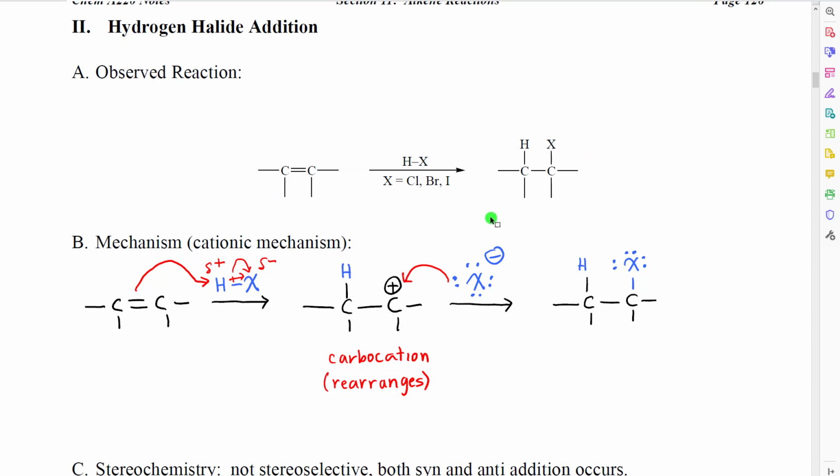The overall structural change would look like this. The double bond would be converted to a single bond. We would then make a bond to hydrogen on one of the carbons of the double bond and to halogen on the other side. So that what we've done is we have essentially added a hydrogen and a halide, hence the name hydrogen halide addition.